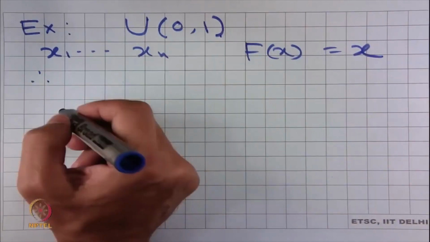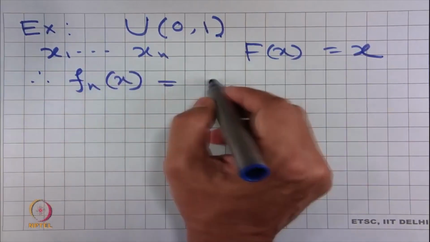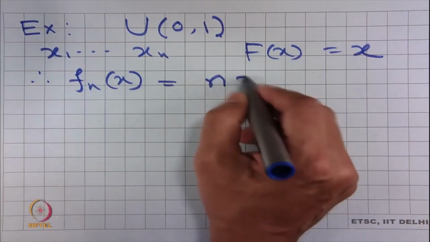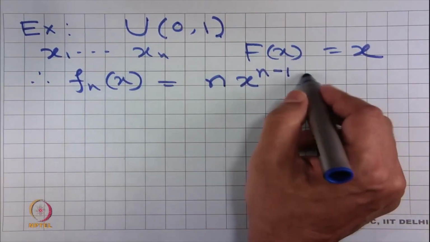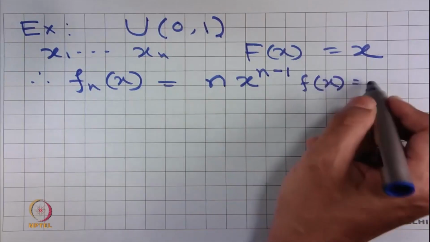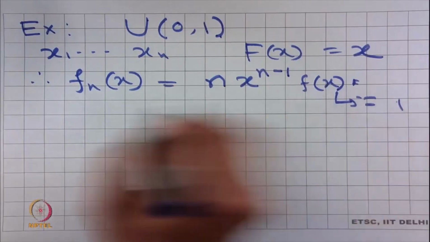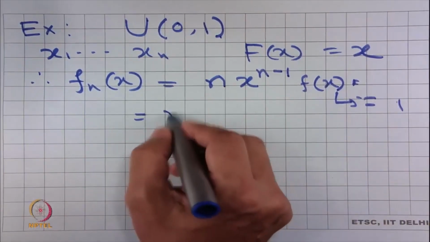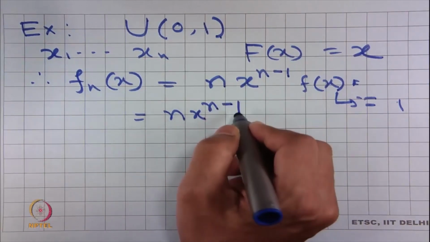Therefore, fn(x) is equal to n times x to the power n minus 1 times f(x), which is 1, so it is equal to n times x to the power n minus 1.